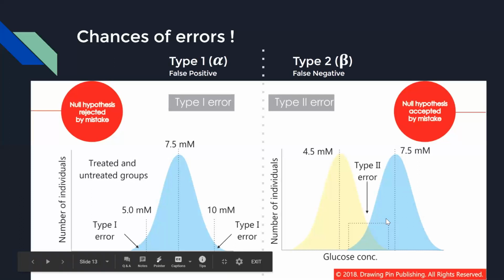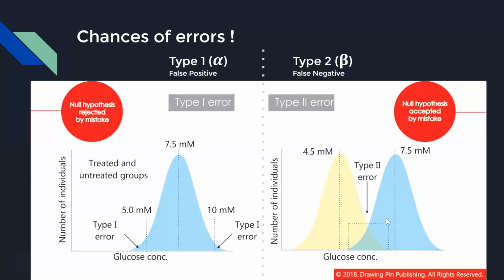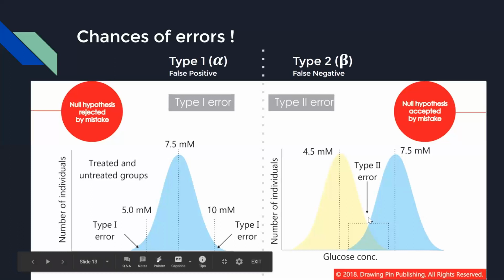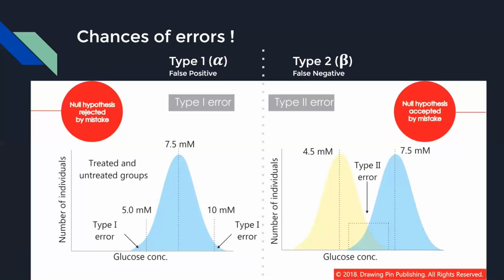It means you picked treated animals which had glucose much higher than the mean, and you picked controls which were much lower than the expected mean. So in that case, your drug actually worked, but you accepted the null hypothesis. This is where you commit type 2 error.